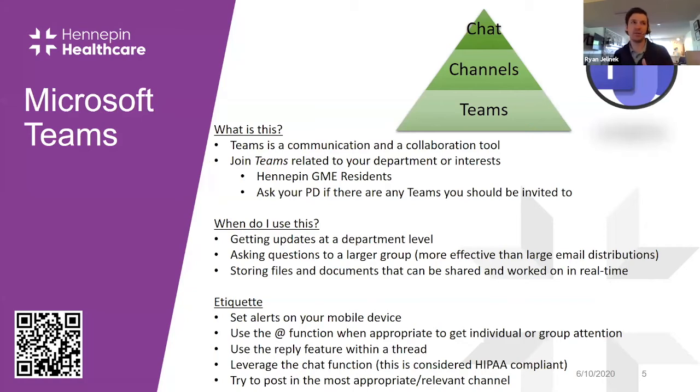You can look at channels as conversations around different topics. I'm imagining that all of the teams at this point have some sort of COVID channel, and that's where information around COVID gets posted. You can save files inside of those channels and have different links out to different places within those channels. So it tries to keep everything topic specific within a specific group.